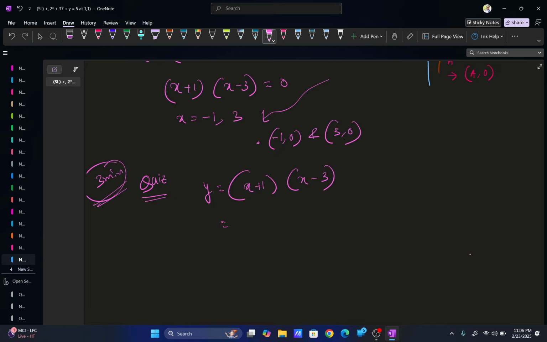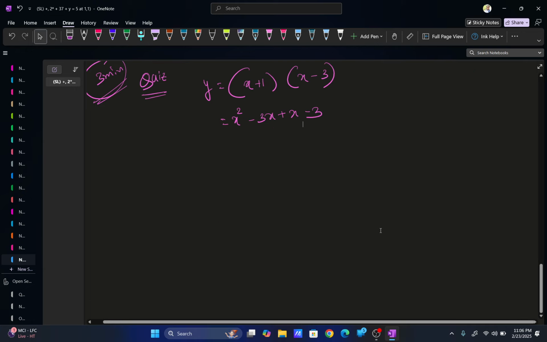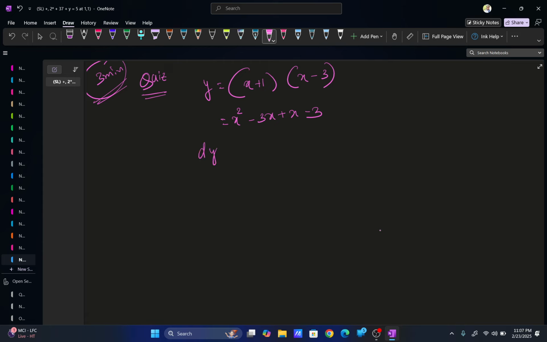From this we get x square minus 3x plus x minus 3. So what is dy by dx? This is basically 2x minus 2.